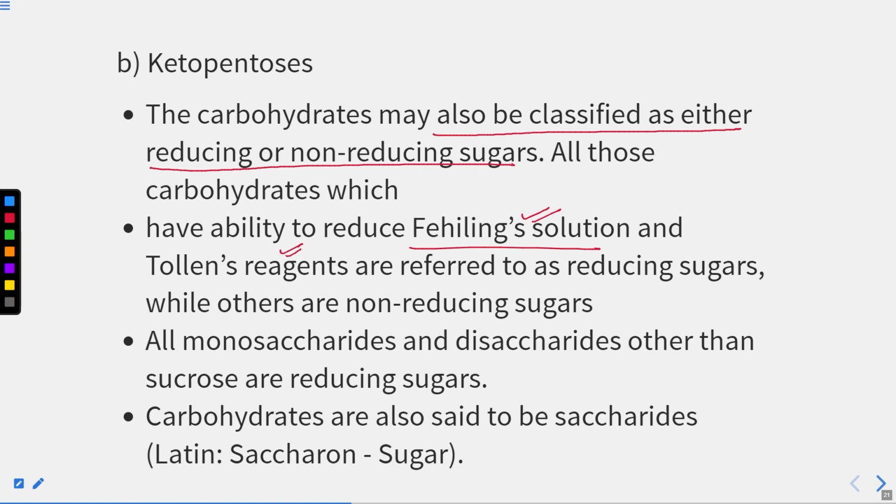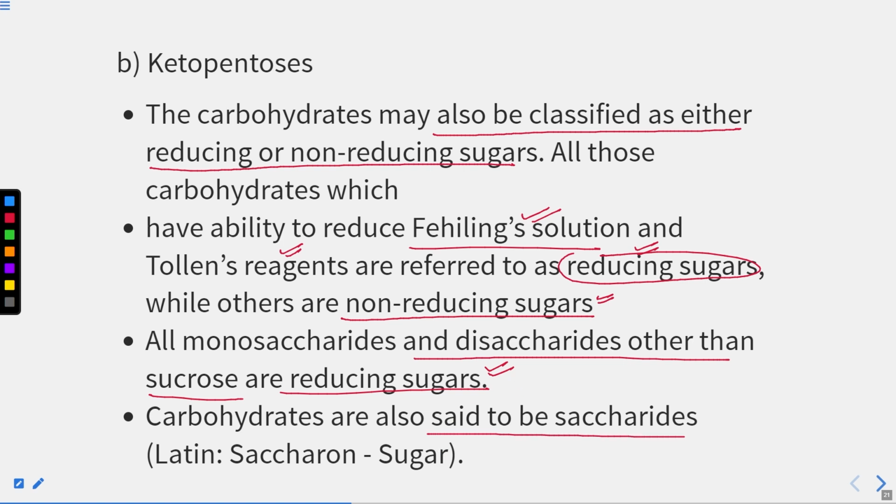Once they reduce these reagents, they are considered reducing sugars, while others that do not reduce Fehling's solution and Tollens reagent are considered non-reducing sugars. All monosaccharides and disaccharides other than sucrose are considered reducing sugars. Carbohydrates are also called saccharides, right? So they are considered as sugar.